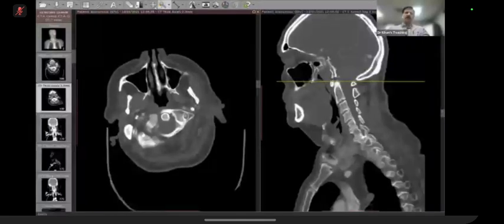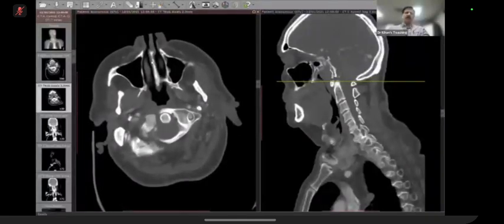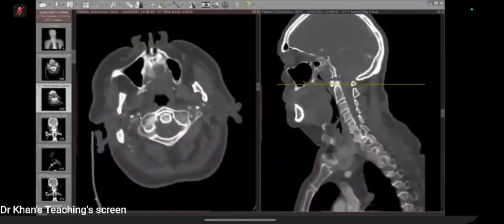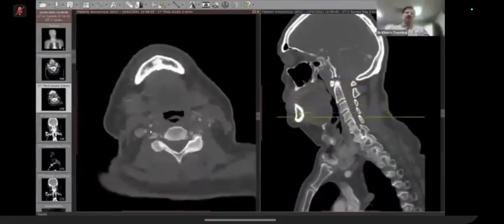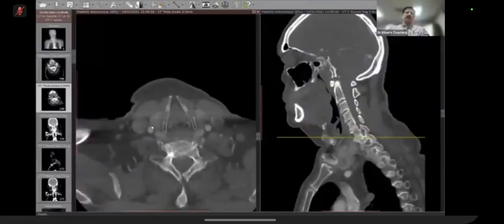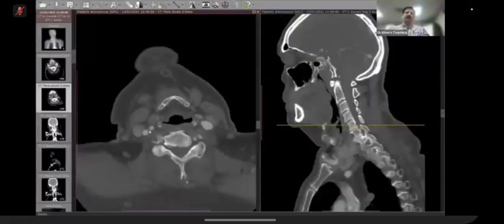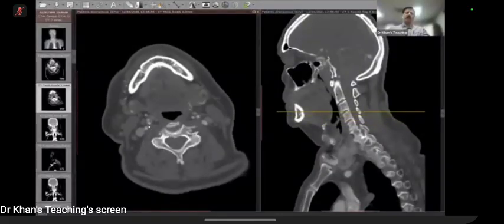Now, can you see my mouse, candidate one? Yes, I can. Okay, so if you see here, this is the common carotid artery. Now we are going up in the neck, and it divides into external carotid and the internal carotid.